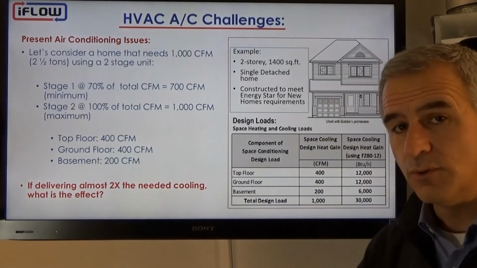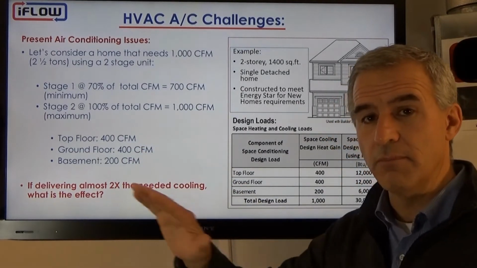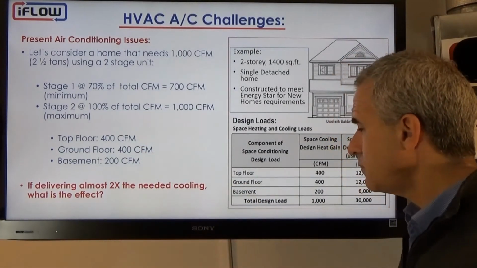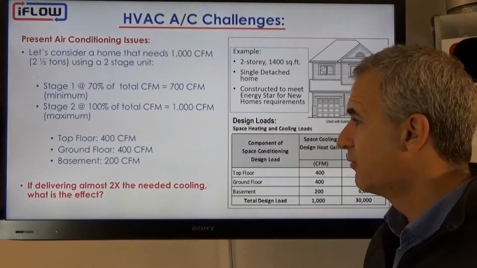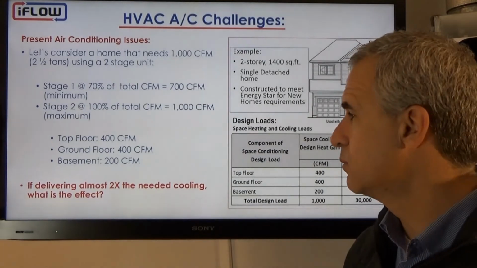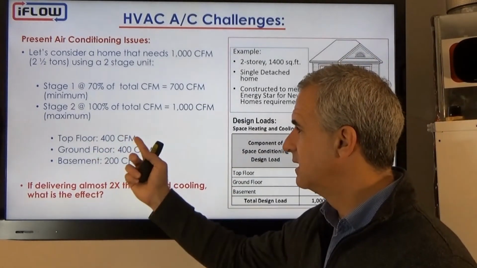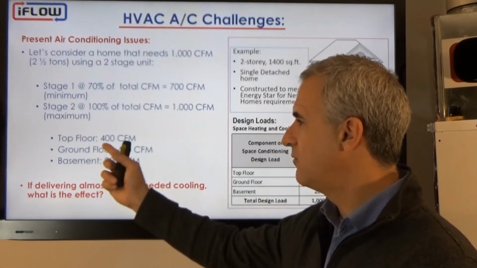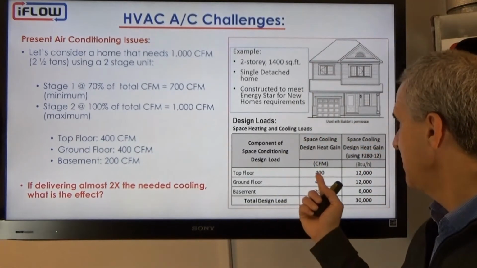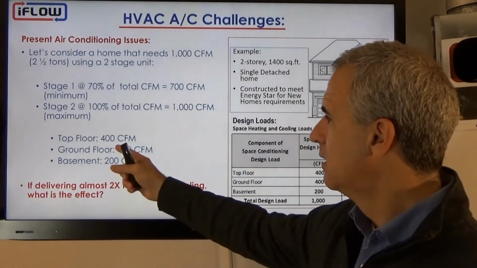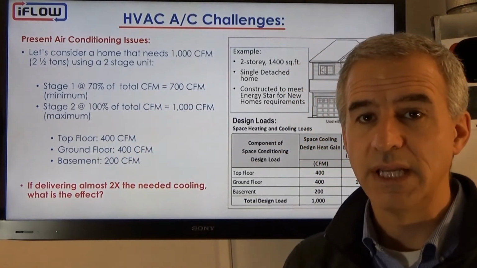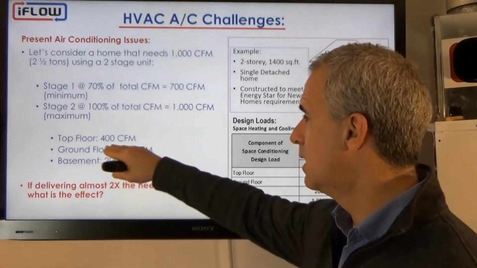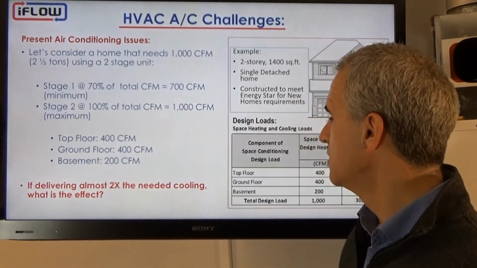Now, if I'm zoning, and again, zoning for maximum comfort, and so we don't freeze the coil and have to go into defrost mode all the time, we want to be able to deliver into that top floor only 400 CFM, only the CFM that's required. Can we do it with this unit? No, we can't. So we need an inverter-driven system that can modulate down to this 400 CFM.